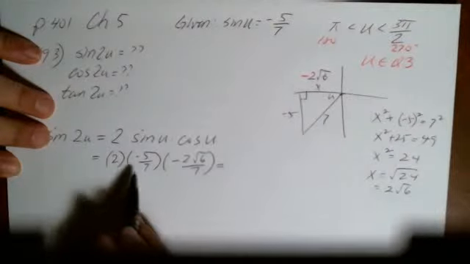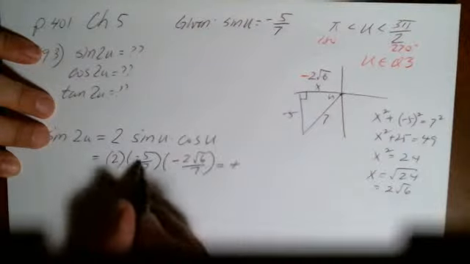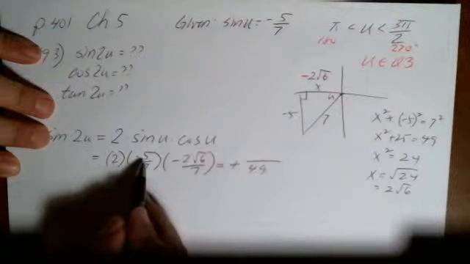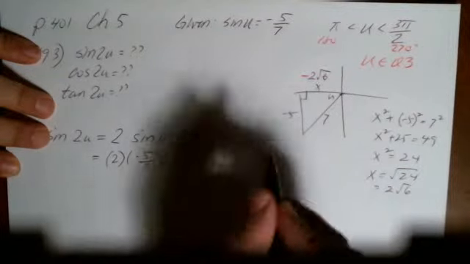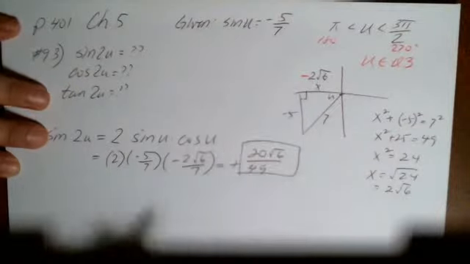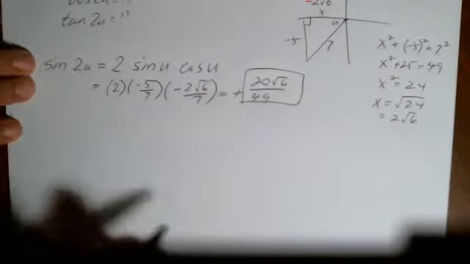So multiply those two out, you get a negative times a negative, which is positive. 7 times 7 is 49. 2 times 5 is 10. Times 2 is 20. 20 radical 6 over 49. There it is right there. Let's go down to see what it is.